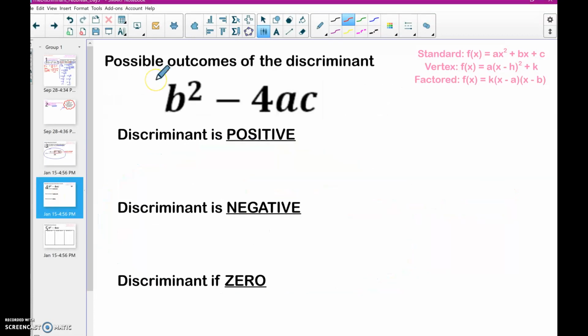So there's 3 different possible outcomes of a discriminant. One, when you plug in the values for A, B, and C, you find out that your discriminant is positive. And when your discriminant is positive, that means the equation has 2 x-intercepts.